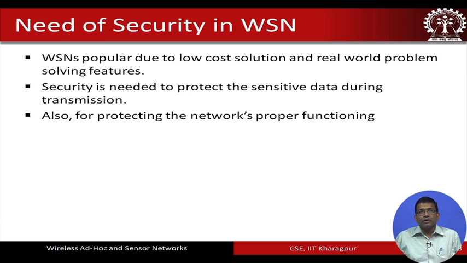At the same time, these networks have to be protected, even in this resource constrained scenario, by proposing lightweight solutions that are good enough to protect these networks, so that proper functioning of the network takes place. So, what kind of problems can arise in these networks? One thing is that the data sensed by the different sensor nodes can either be dropped maliciously or be altered.